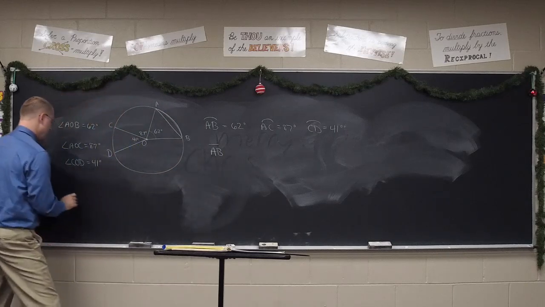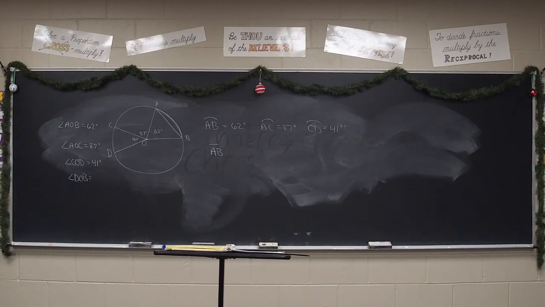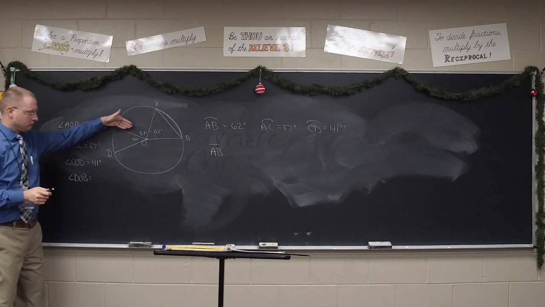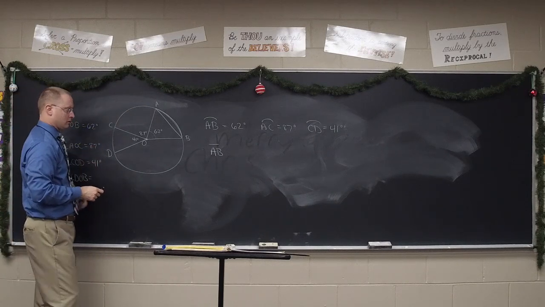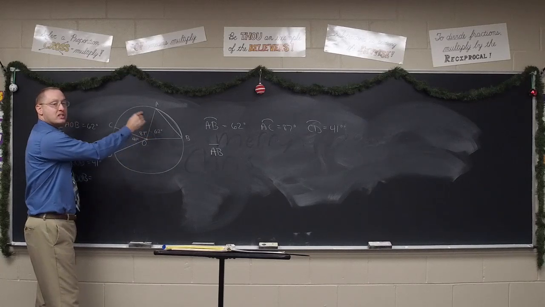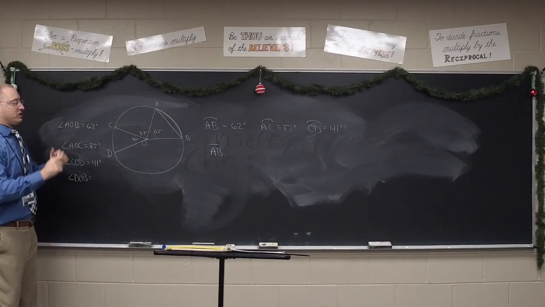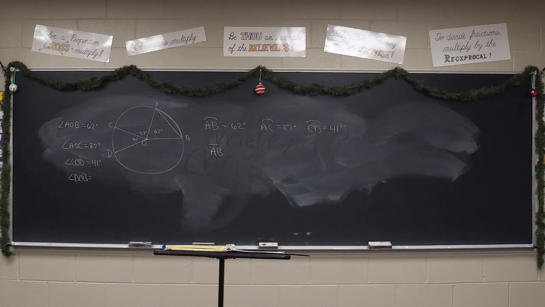How big is angle DOB now? How would I need to find that? Elaine? So you add up 41, 87, and 62, and whatever that is, you subtract that from 360. Good. Remember that the total, the sum of all these central angles has to be what, class? 360. So, at your seats, find angle DOB.